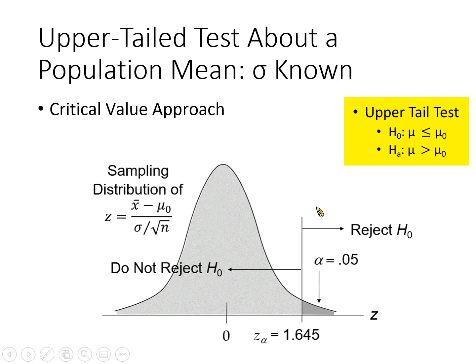So here you will find if it's an upper tail test for the critical value approach, today if we find the z-value from our significance level, its probability is 0.05 and its z-value is 1.645. If the z-value you calculate from your sample data is larger than this, then you need to reject the null hypothesis.